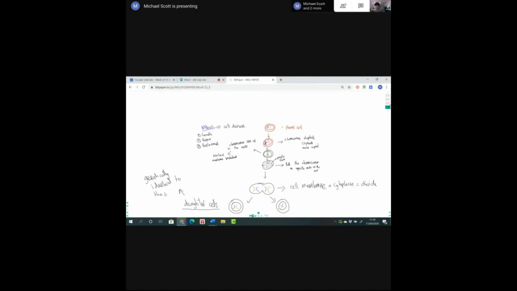And that's exactly what we want to happen during mitosis. We just said that we use mitosis for growth. So obviously the cells that we want to grow, we want them to be exactly the same as the original cell. And this is exactly how it happens.